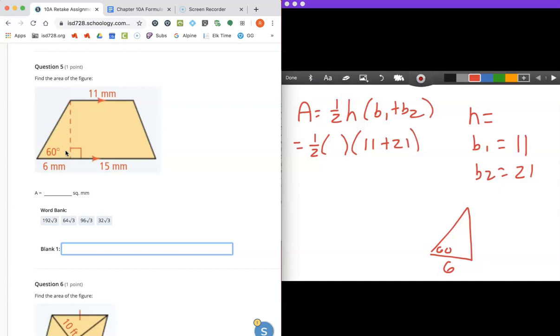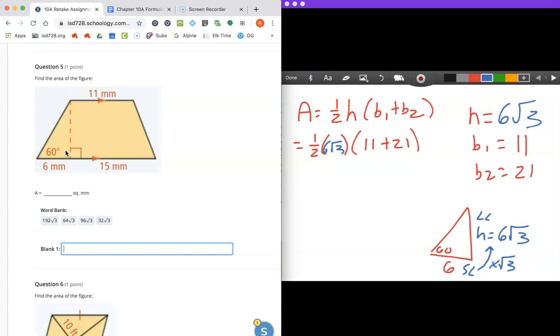All right, so we know that what we have here is the short leg. The height, what we're looking for, is the long leg. Okay, remember with 30, 60, 90s, to get from short leg to long leg, we multiply by square root of 3. So the height has to be 6, since 6 was the short leg, times the square root of 3. That's what h is. So I'll put that in here.